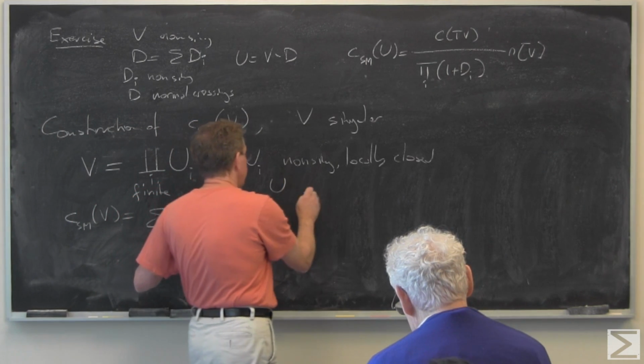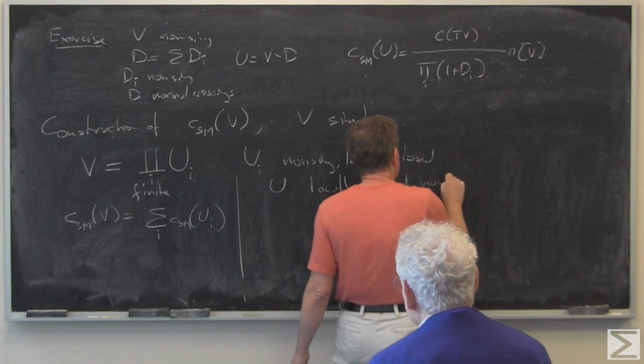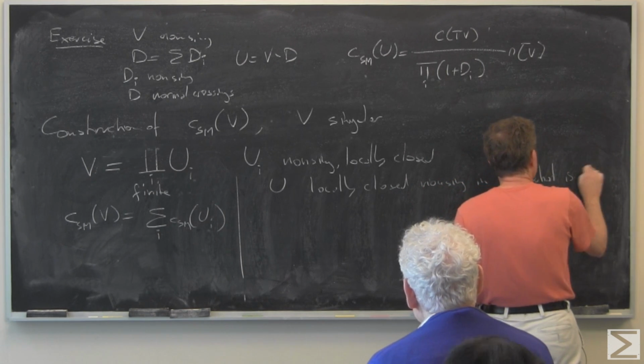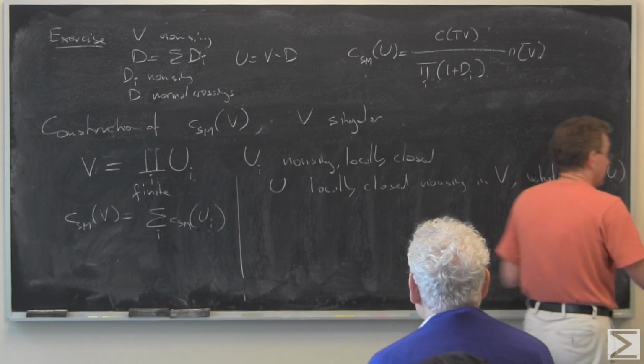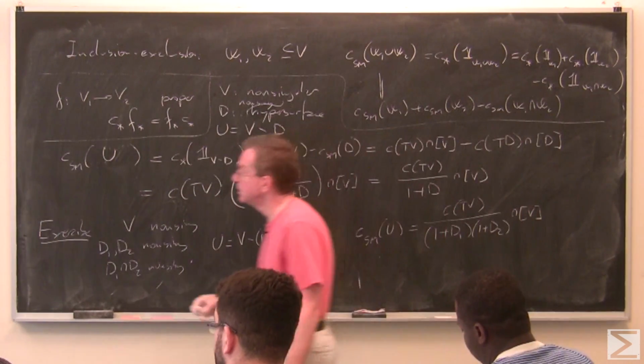So the task is, if U is locally closed, non-singular in V, what is CSM of U? And this is what it is, right? Because you can always reduce yourself to the situation.